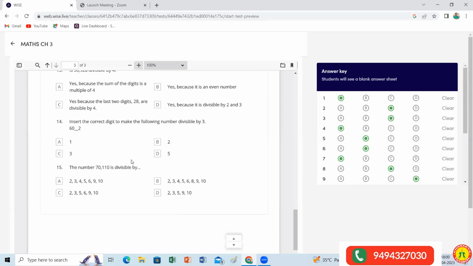Fill the blank with 1 because 60, blank and 2 is there. 6 plus 0 plus 1 plus 2. What is the sum? Ma'am, 9. 9 is divisible by? Ma'am, 3. Very good, very good.